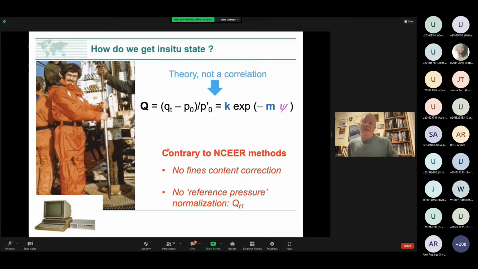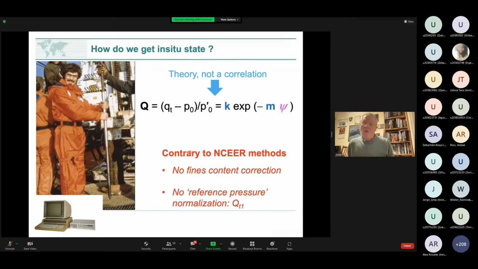There is a theoretical relationship, where Q, our normalized tip resistance, which is qt minus p naught over the effective p naught, is a simple exponential relation of the state parameter. And of course, we'll use that equation upside down to get the state parameter from the measured tip resistance. What I want you to observe as we go forward is that I'm sure you're all familiar with the NCER method for earthquake liquefaction.